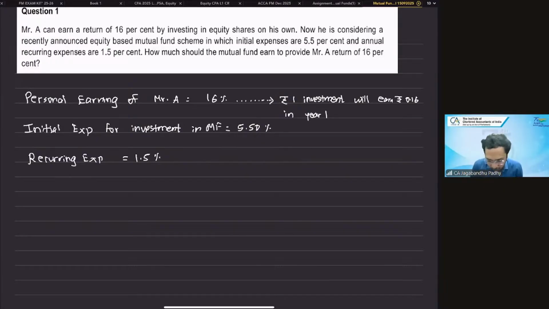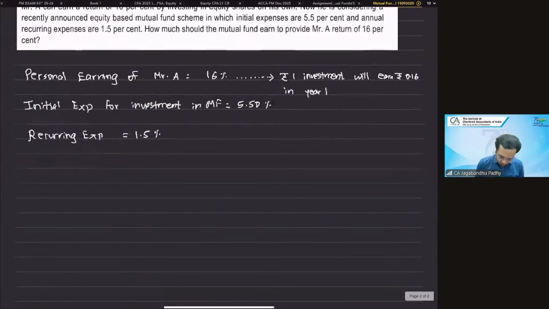Whatever the mutual fund earns, out of that 1.5% needs to be paid out as expenditure.